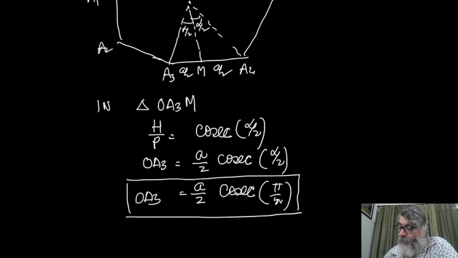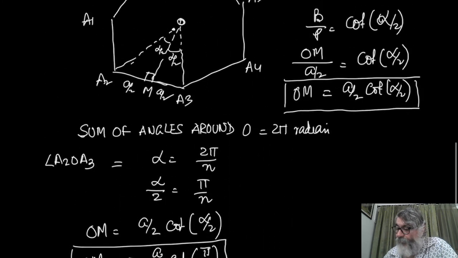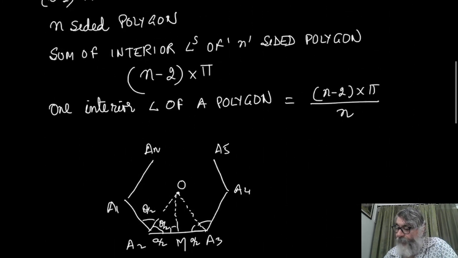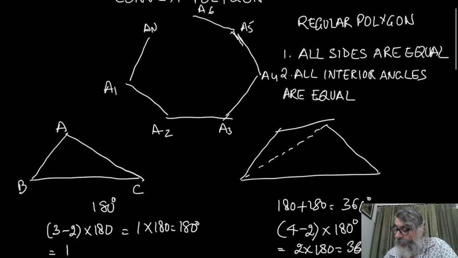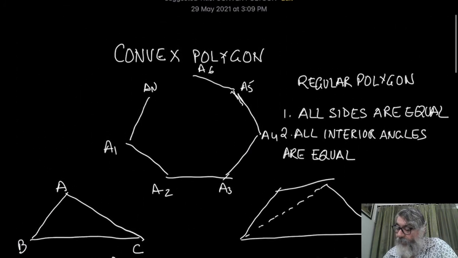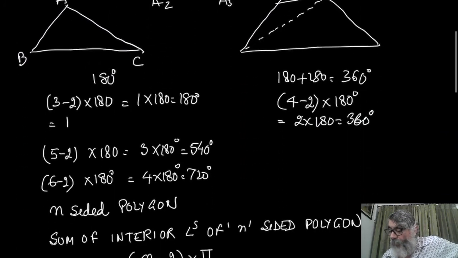If we go to the beginning of when we started this first polygon, we calculated the perpendicular drop from O to the side.